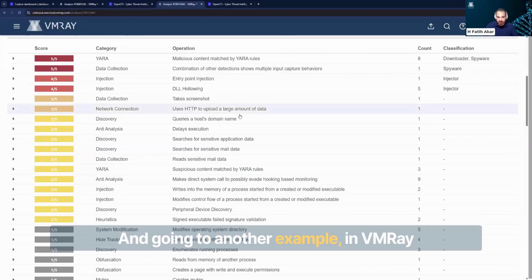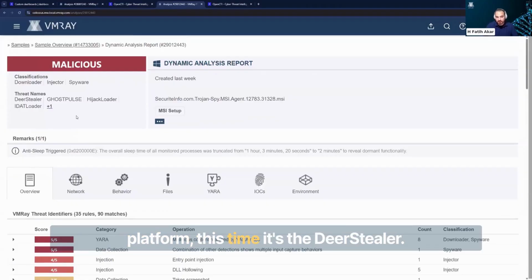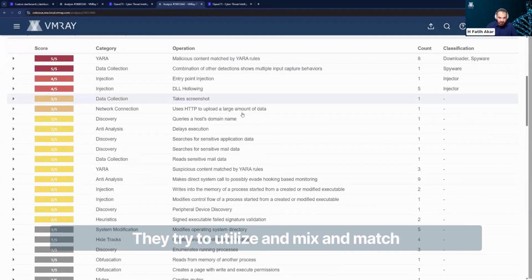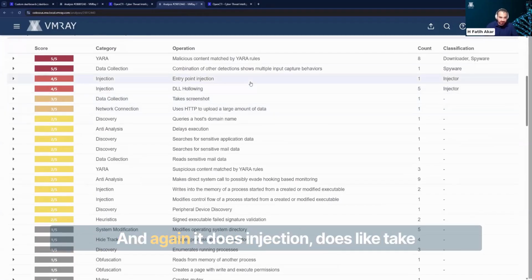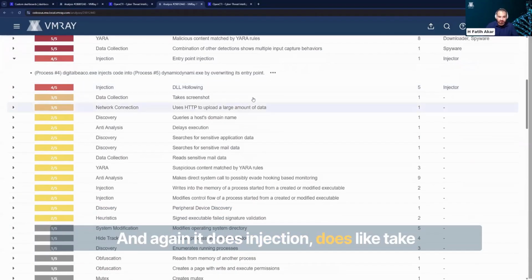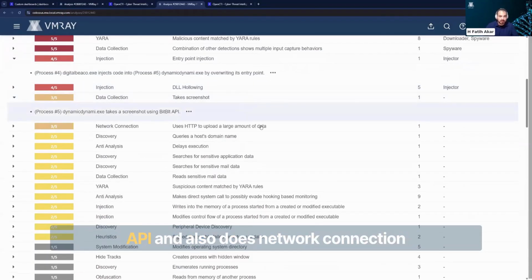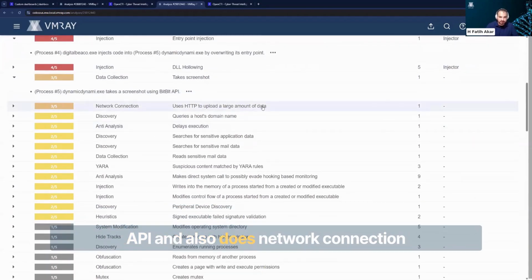And going to another example in the VMRay platform, this time it's the Deer Stealer. Again, the stealer uses another Hijack Loader. They try to mix and match these things. And again, it does injection, takes screenshots through the Windows API, and also does a network connection to upload the data that it was stealing.